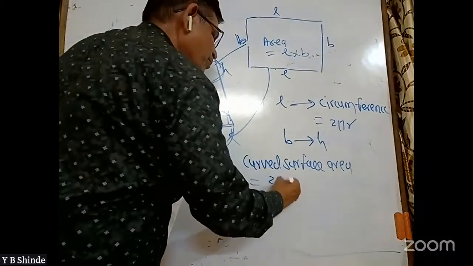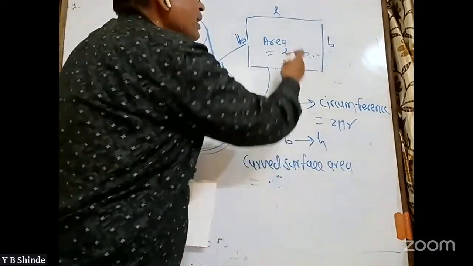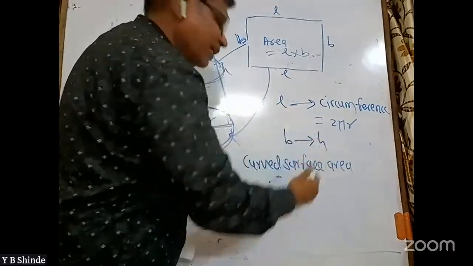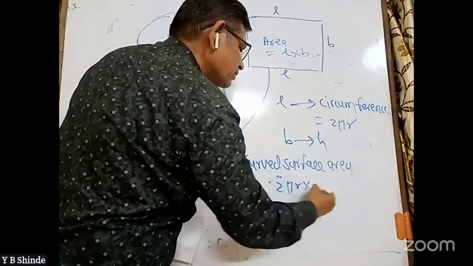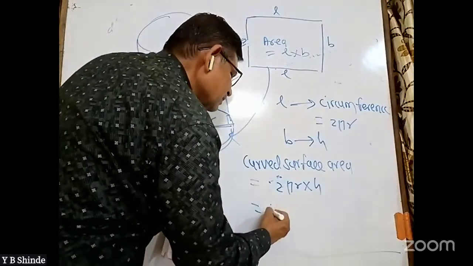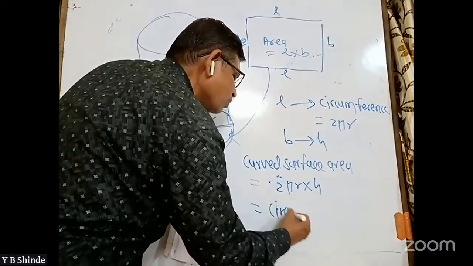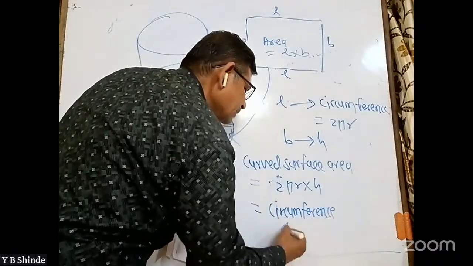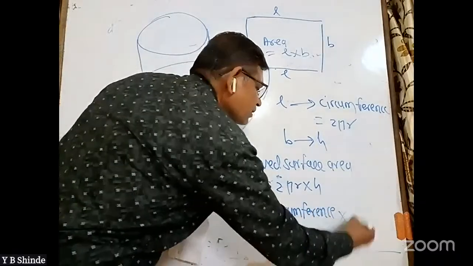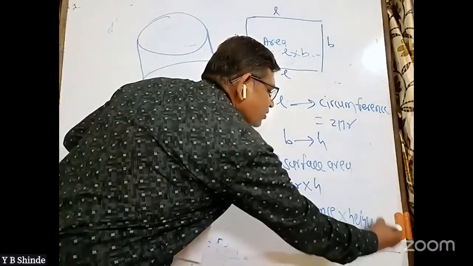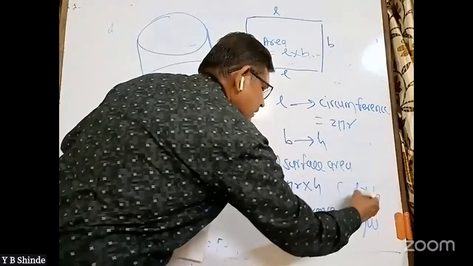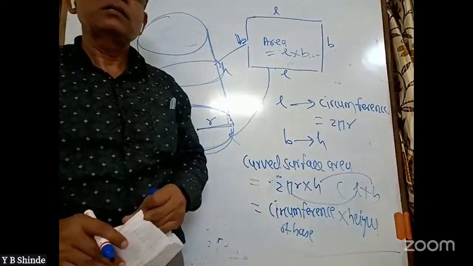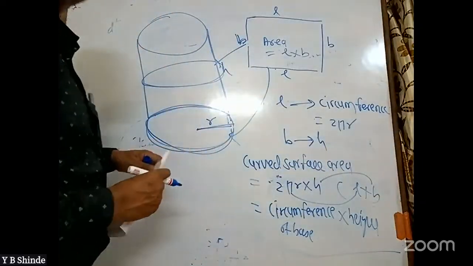In our language, it is L into B, but L is 2 pi r and B is H. So 2 pi r into H, that is circumference of base into height. So this is called curved surface area.